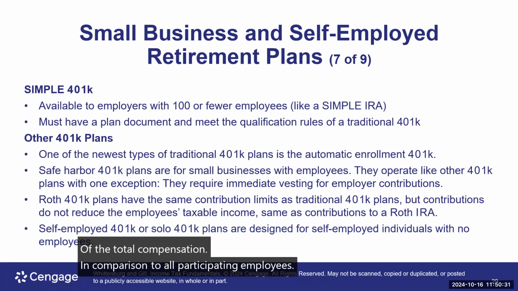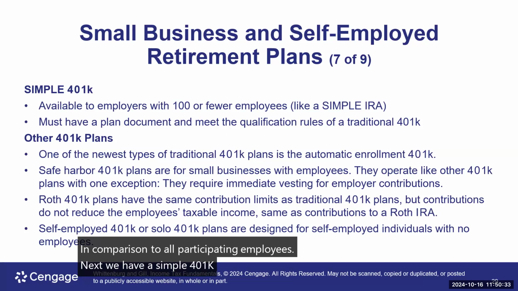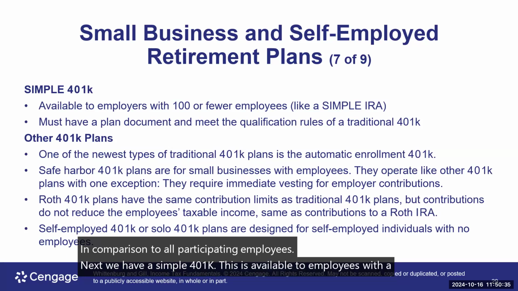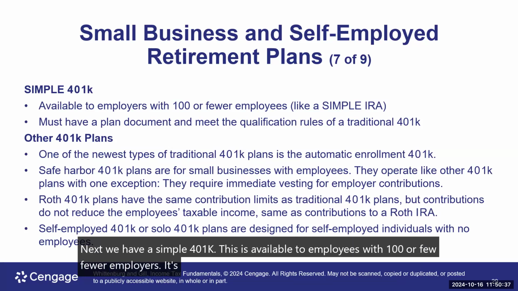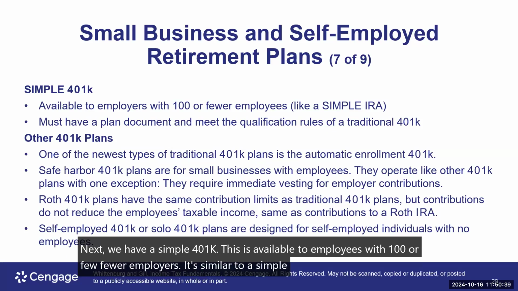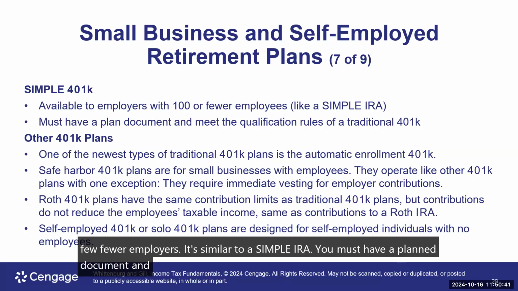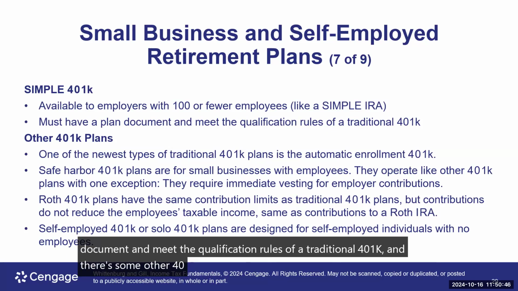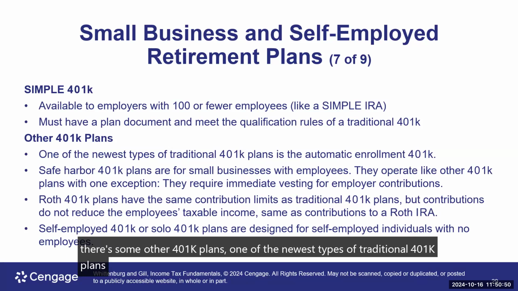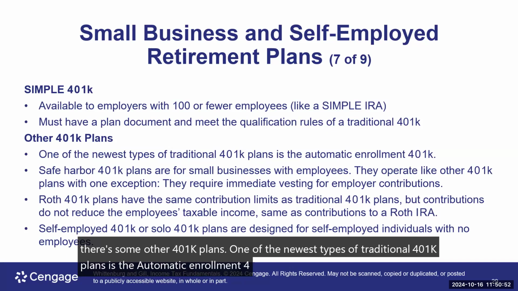Next, we have a SIMPLE 401(k). This is available to employers with 100 or fewer employees. It's similar to a SIMPLE IRA. You must have a plan document and meet the qualification rules of a traditional 401(k). And there are some other 401(k) plans. One of the newest types of traditional 401(k) plans is the automatic enrollment 401(k). We have the safe harbor 401(k) plans.